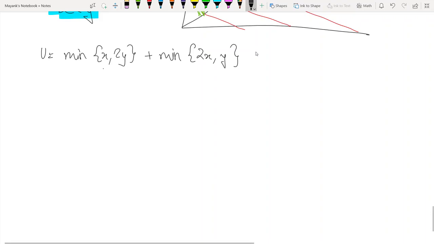So you deal with these two cases as two different perfect complement cases. The first case is min of x comma 2y. For the first case, the dividing line is going to be y equals x by 2. So y equals x by 2 is a slope half line.